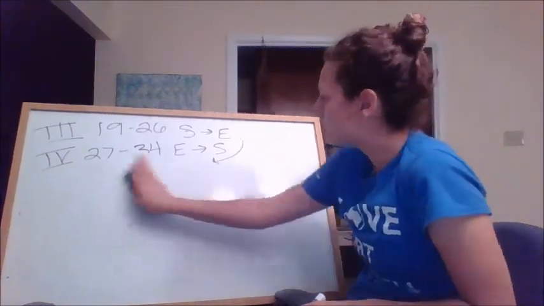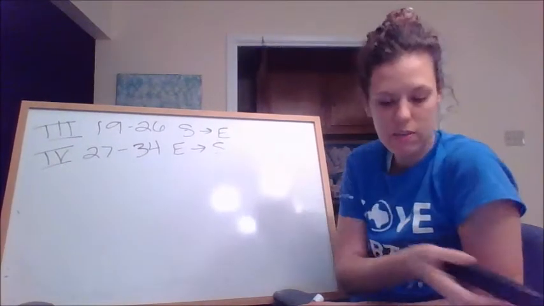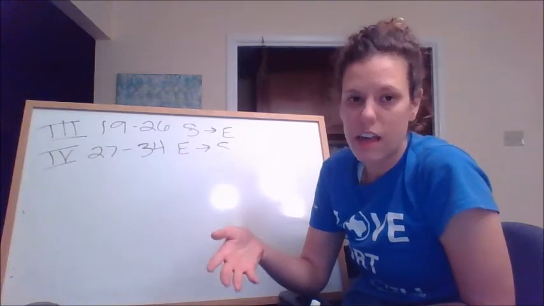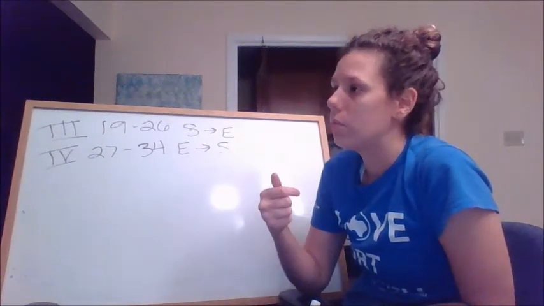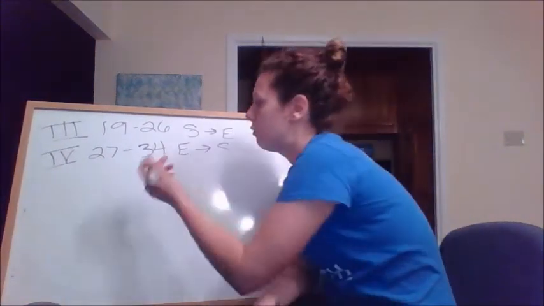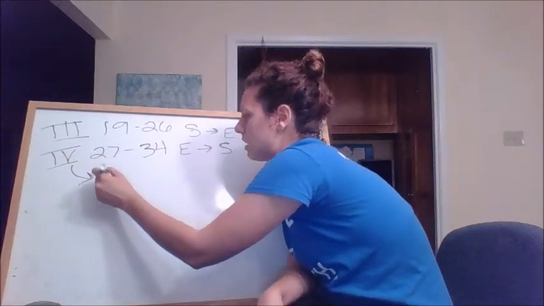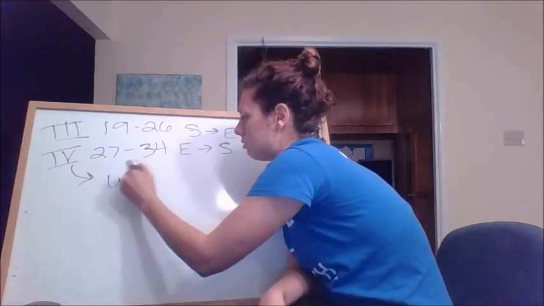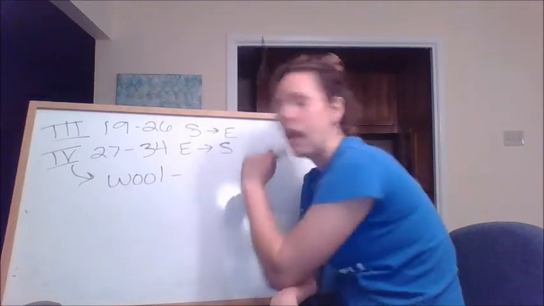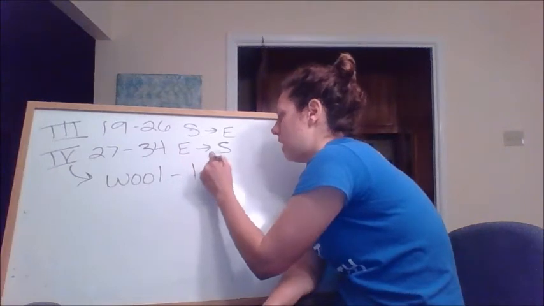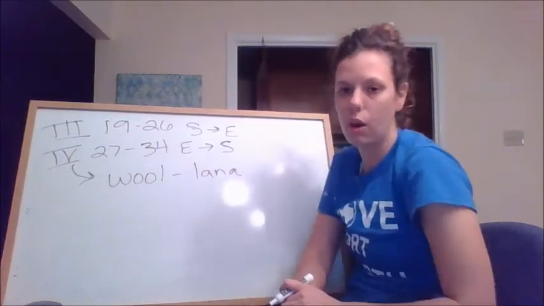For the English to Spanish, I'm not as concerned about that because I'm not going to say things like the leather or the wool. For this one, I'm just going to write something like wool. And then you have to tell me lana. Okay?